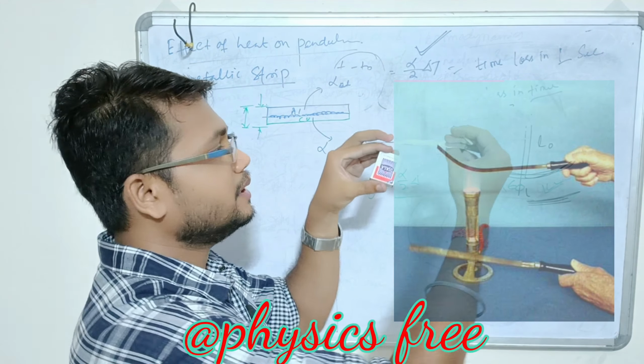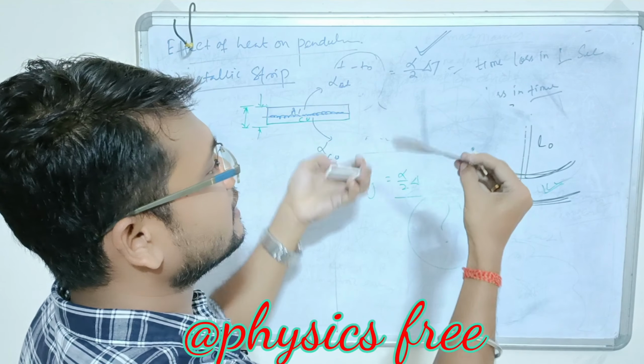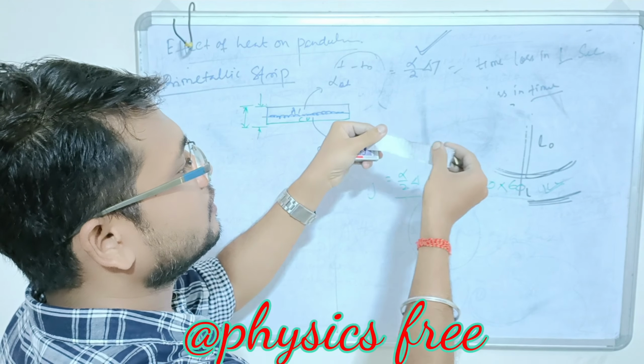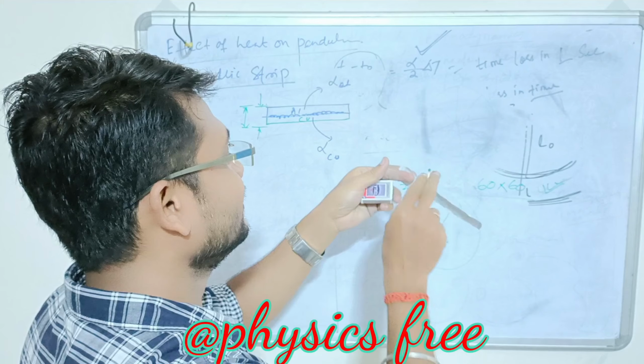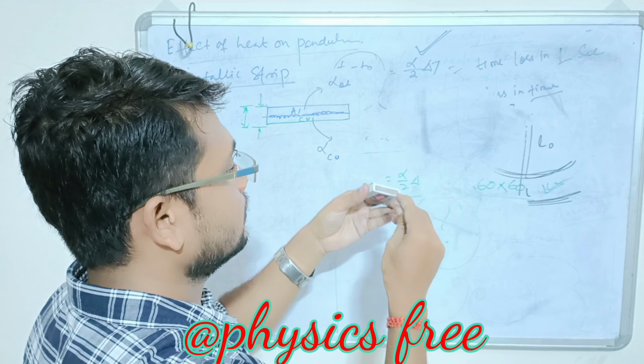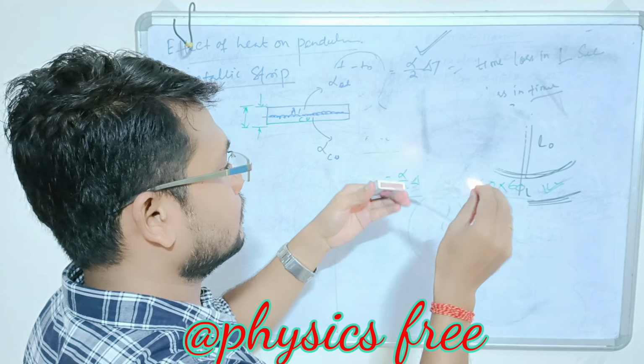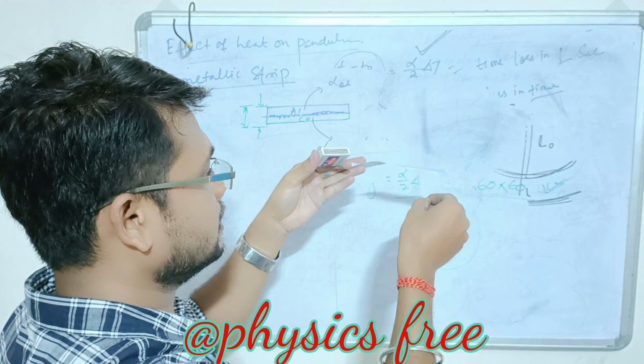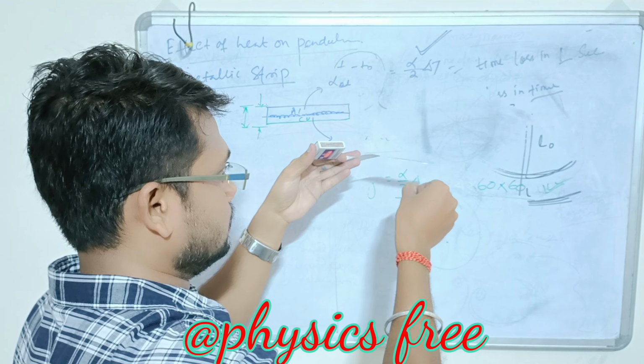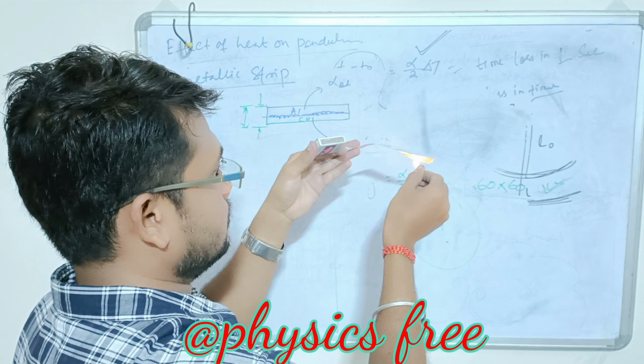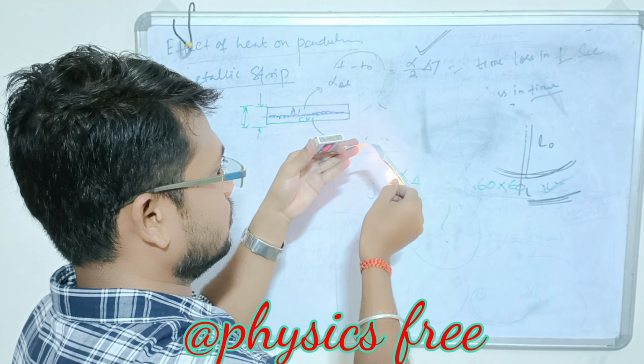Suppose this is my bimetallic strip. One side is the aluminum, the other side the paper, although this is not a metal. Okay, just see, I'm just heating it. See how it is going down.